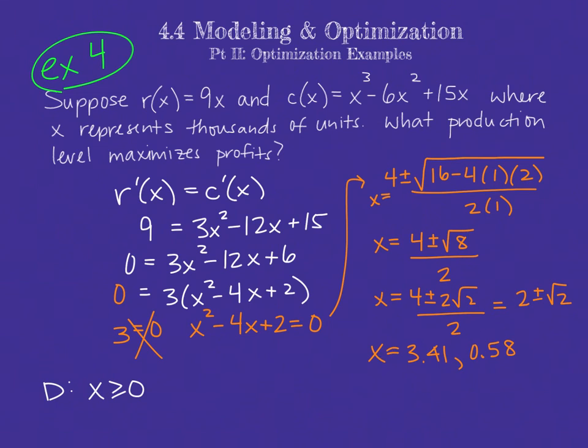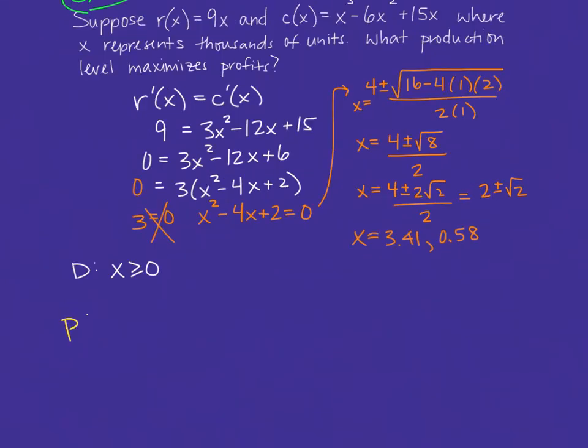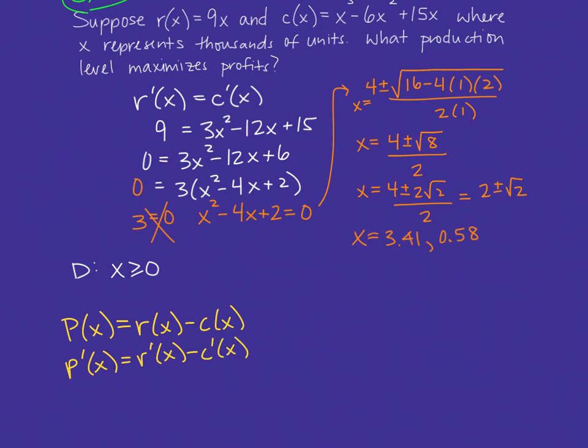We need to figure out what the profit formula is. We have shown earlier that profit is revenue minus cost, and P prime would be R prime minus C prime. We have found R prime and C prime. R prime is 9, and C prime is 3x squared minus 12x plus 15.